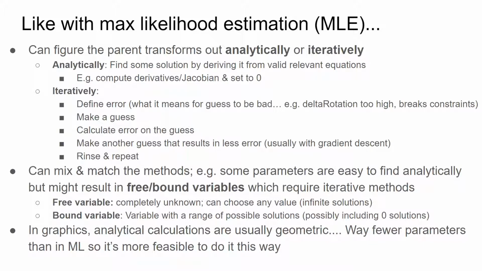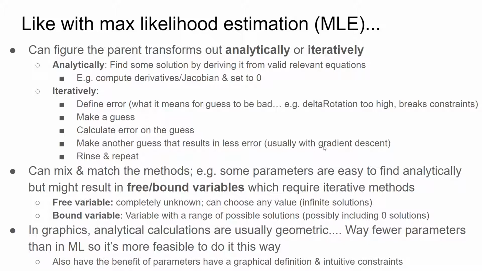Also, because we're limited to 3D space for most of our computations, or if you're doing transform computations, you have a 6-dimensional space: 3 rotational parameters and 3 translational parameters. Even 6 parameters is way fewer than you're likely to find in machine learning. So in graphics, we tend to have more robust and actually feasible analytical solutions. They're just easier to derive in general.